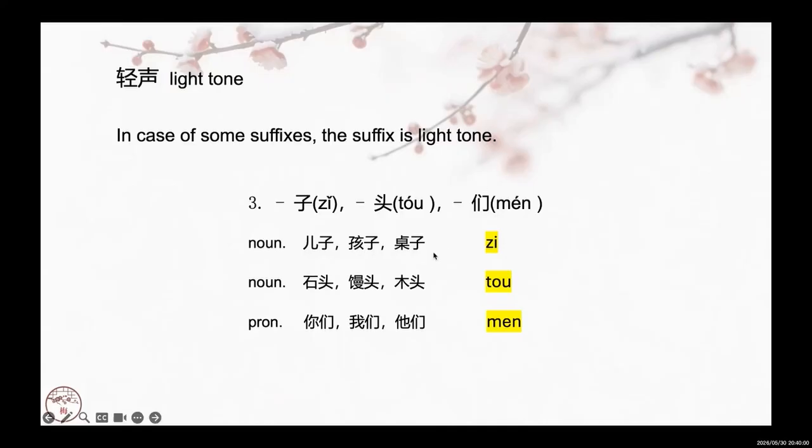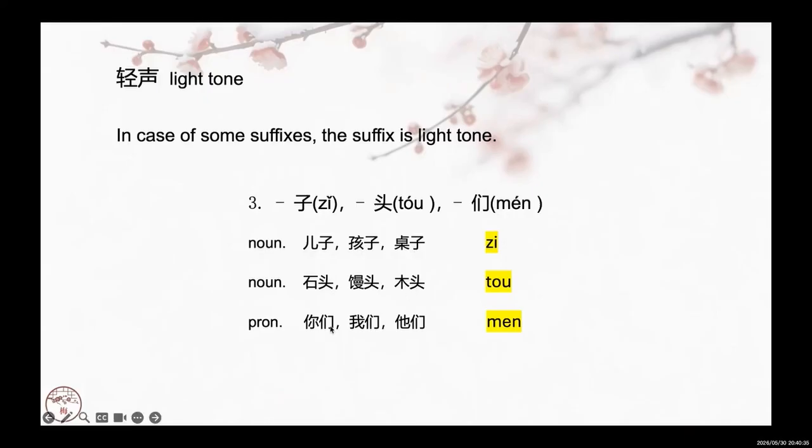We would say 桌子 lightly. Similarly for the suffix of 头, 石头 means stone. There is a stone. 有一个石头. We don't say it with the full tone. We say 石头 lightly. 馒头, 木头 as well.